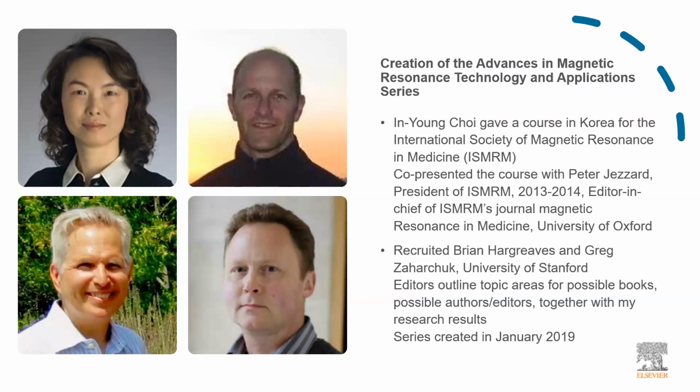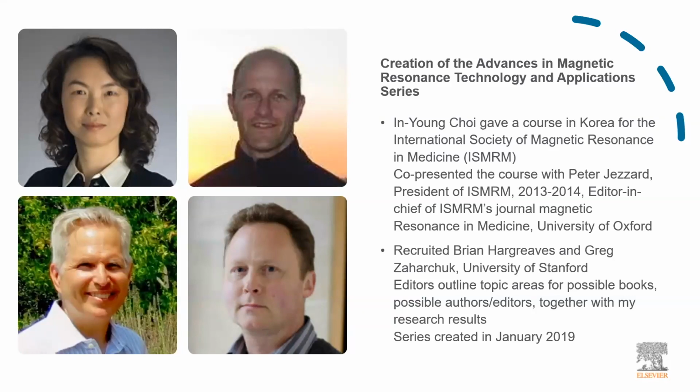And so we decided to create a series with her co-presenter of the course, Peter Jezard, who's top bottom right in that picture. And they also decided to invite 2 other editors from Stanford University. So we had this editorial board of advisors. They advised me on topics to publish in and people to contact.